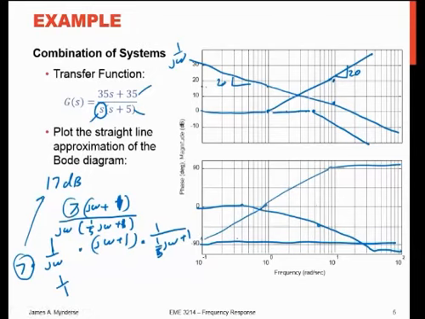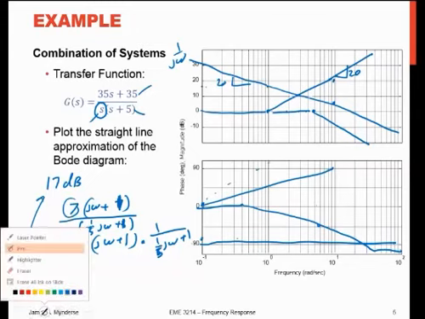And I guess my zero should have started up here. I'm sorry, I drew it in the wrong place. Let me erase that. Zero goes like this, and that goes from 0 to plus 90. So I add those together, change colors once again, go back to red.